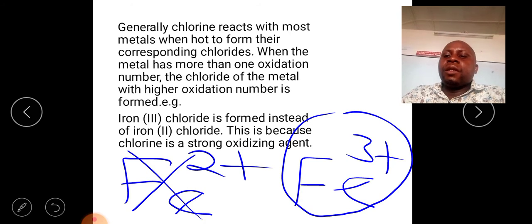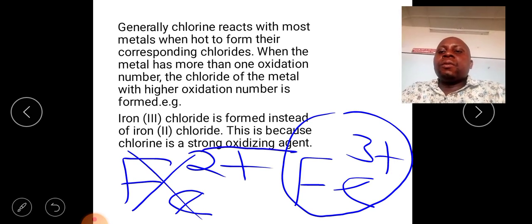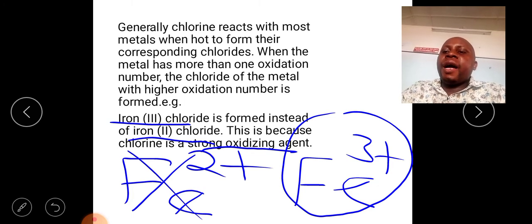This is because chlorine is a strong oxidizing agent. Chlorine is a strong oxidizing agent, hence it will lead to formation of iron 3 chloride, but not iron 2 chloride. That is, the chloride with the higher oxidation number is formed.